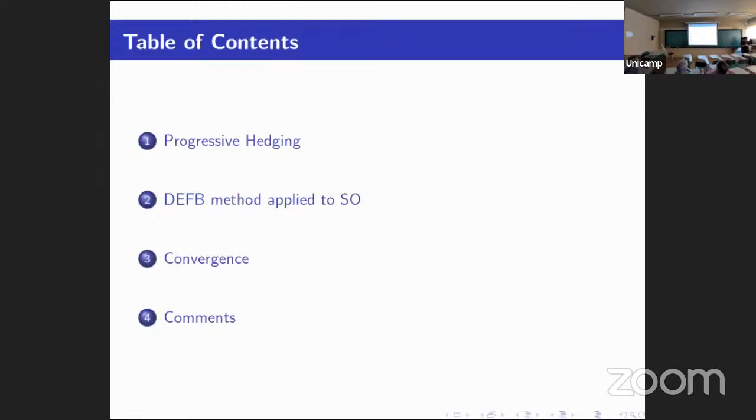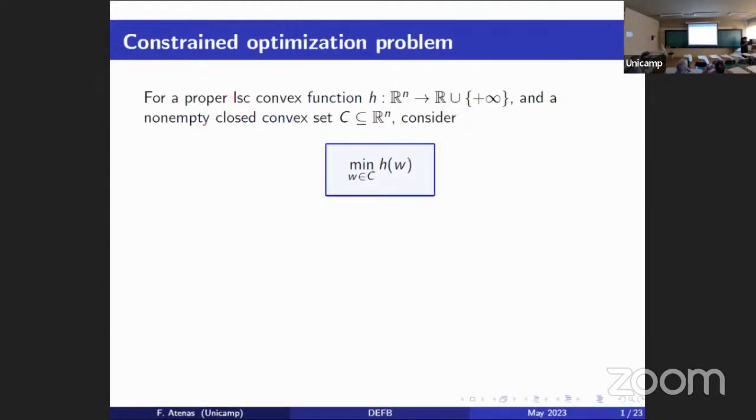So first, I will talk about a more standard algorithm, progressive hedging. That's the decomposition method for stochastic optimization problems. And then I will explain how our approach applies to stochastic optimization and also compare with progressive hedging.